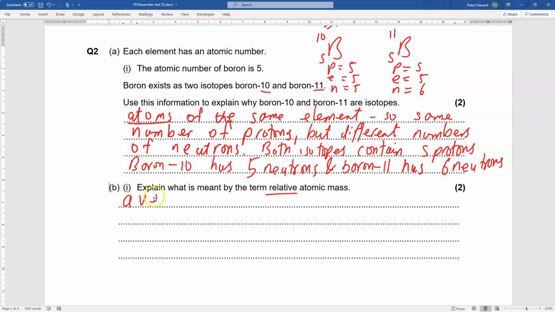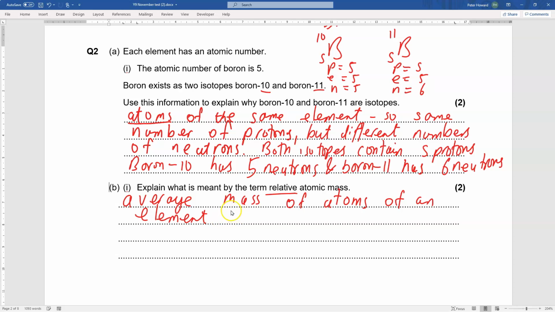So we're trying to take into account all the different elements and we're trying to compare it to carbon-12. So average mass of atoms of an element. So we're taking into account all the different versions of that isotope.